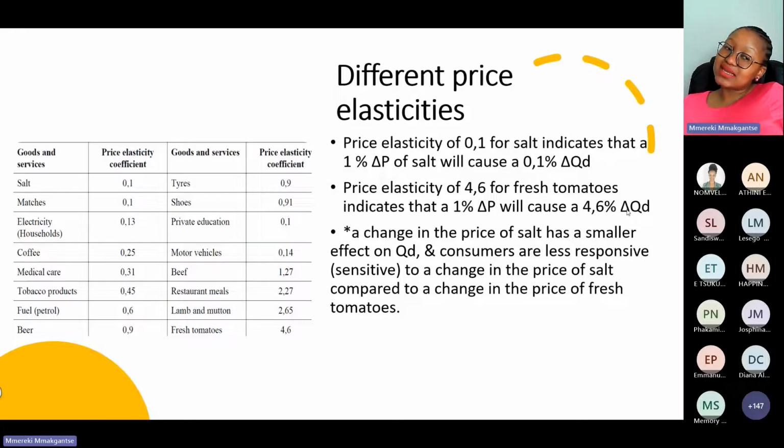Remember my triangles, I did say that this triangle is percent change, QD, quantity demanded.